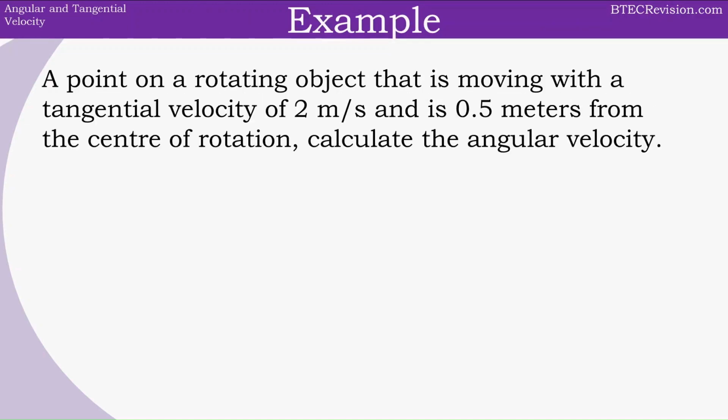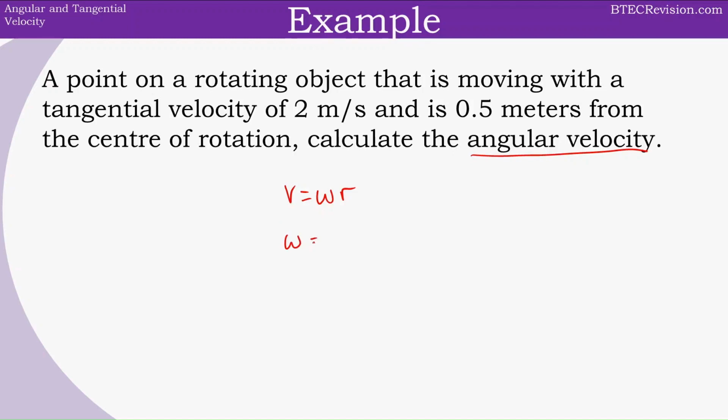Let's look at this example. A point on a rotating object is moving with a tangential velocity of 2 meters per second and is 0.5 meters from the center of rotation. Calculate the angular velocity. We can start by writing down the equation, v equals omega r. The question is asking for angular velocity, so the symbol for that is omega.